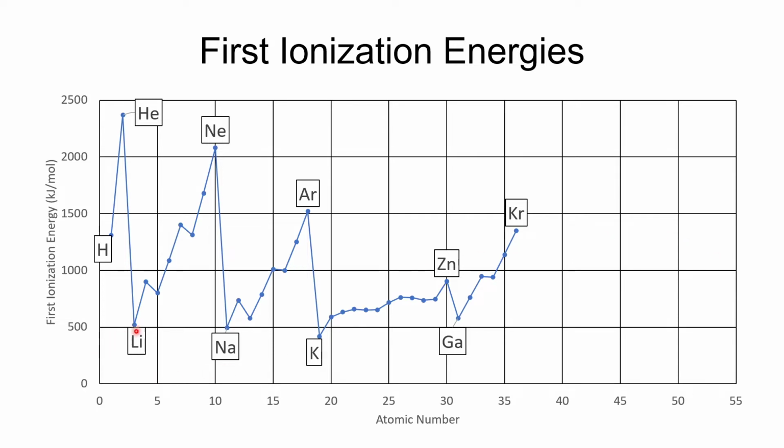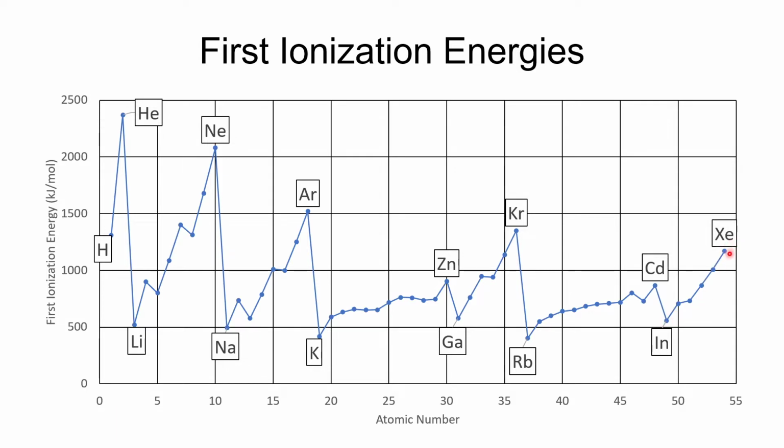We'll also notice that as we went down, so here's lithium, sodium, potassium, as we're going down that column, we also see that it is decreasing. So ionization energy decreases as you go down in a column. So let's look. There's rubidium. You'll see rubidium is lower than potassium. Here as we're going across, again, we get a little hiccup there at the end of our transition metals.